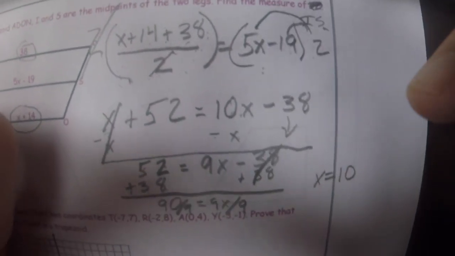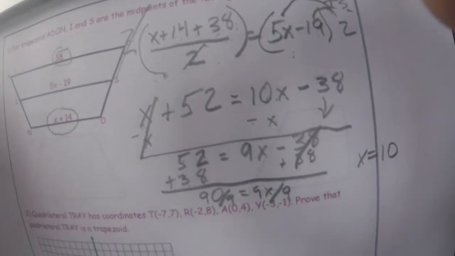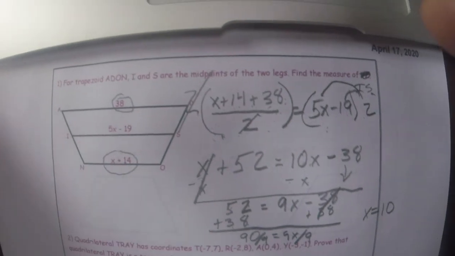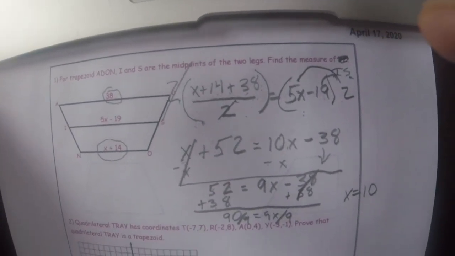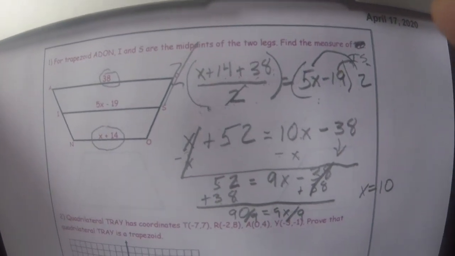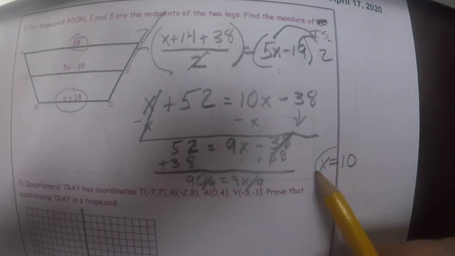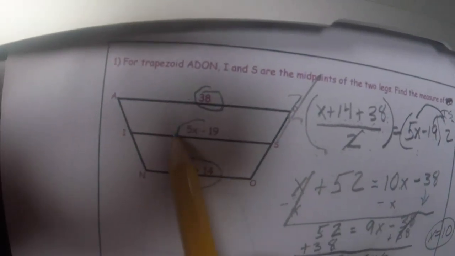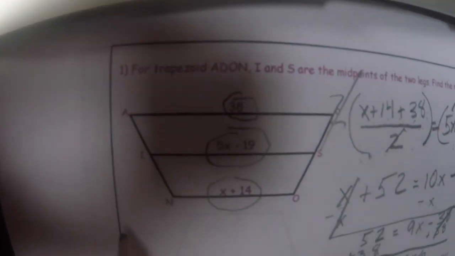All right. Did we solve the equation, or did we answer what they were asking us? Let's read the question again. It says we need to find the measure of IS. No, we did not. We figured out x. So what do we do next? You got it. We got to take this and plug it in for 5x minus 19. So that's just an easy little substitution.